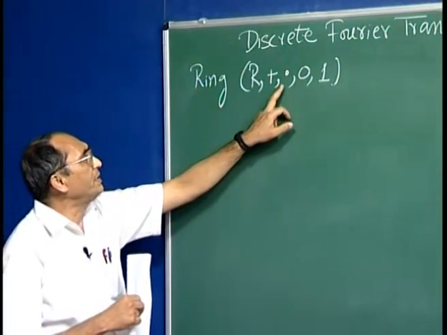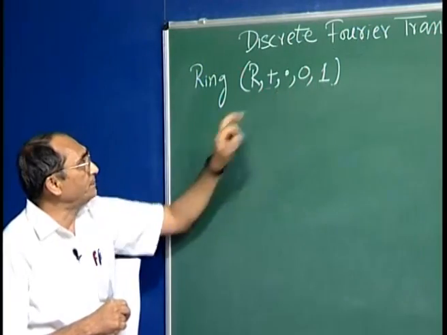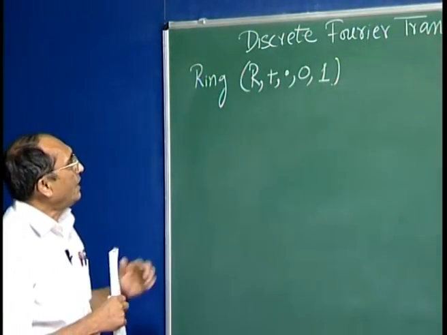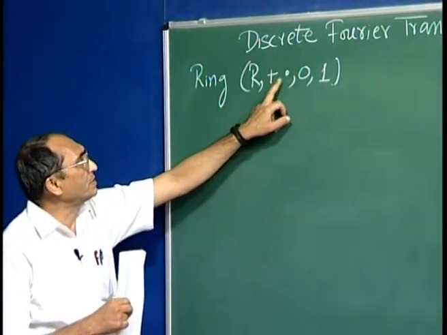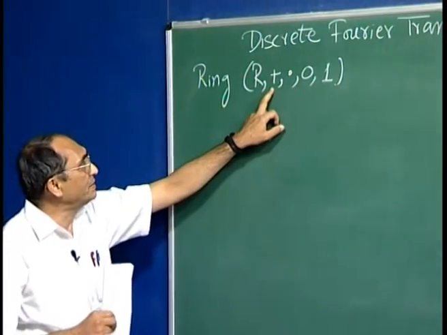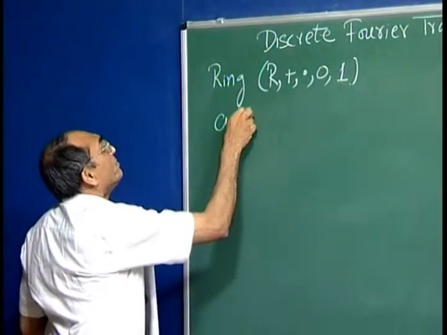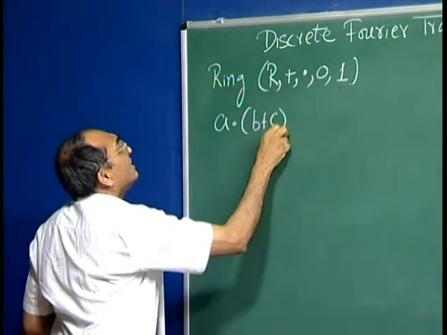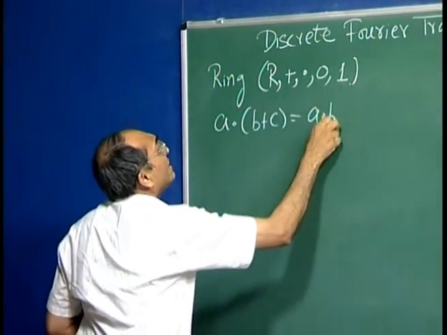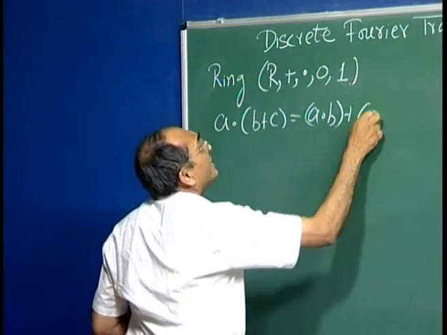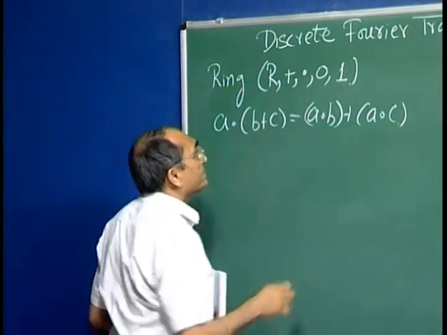By commutative we mean A times B is equal to B times A, and multiplication distributes over plus, which means A times (B plus C) is A times B plus A times C. This holds.